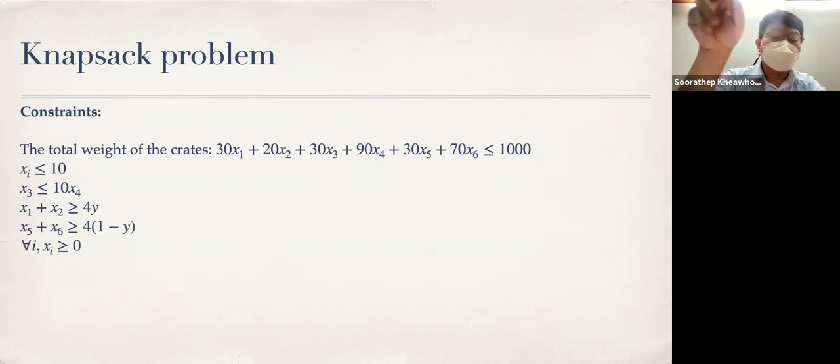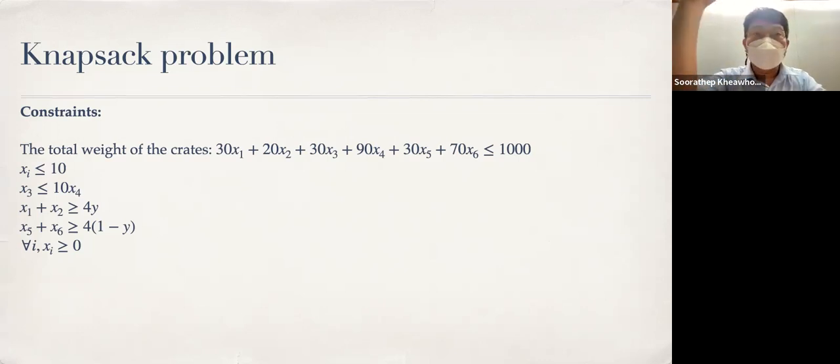If you write the constraint as x3 less than x4, that means if x4 is 1, you cannot send 2 or more of x3. But the real condition allows that, right? You can send 5 of crate 3 if you only send 1 of crate 4.